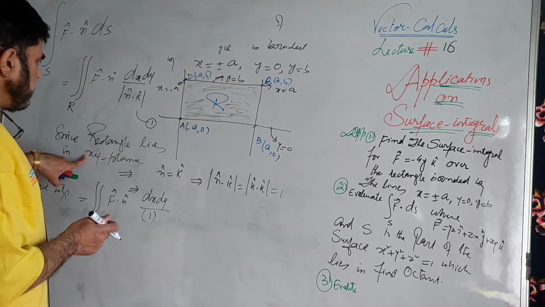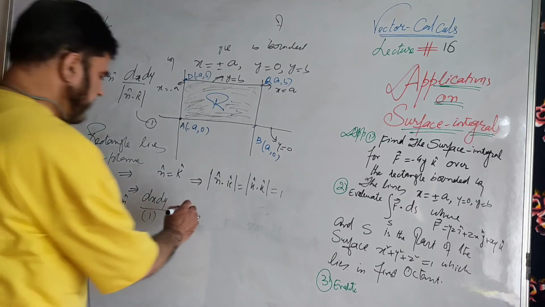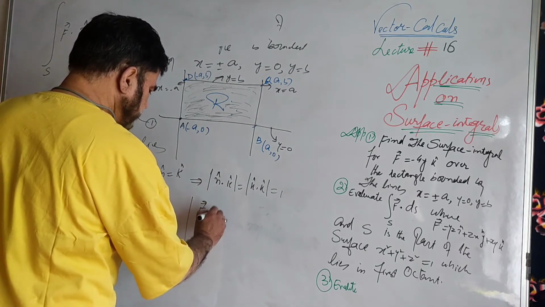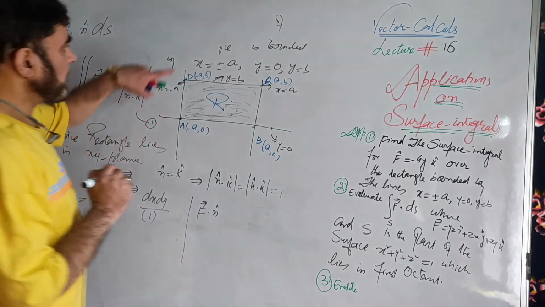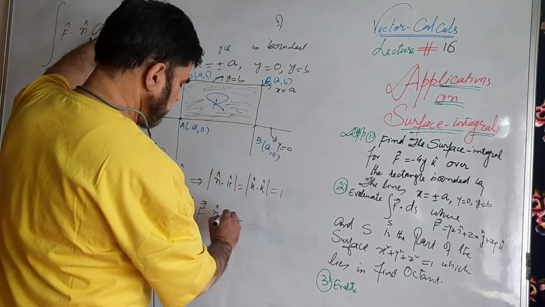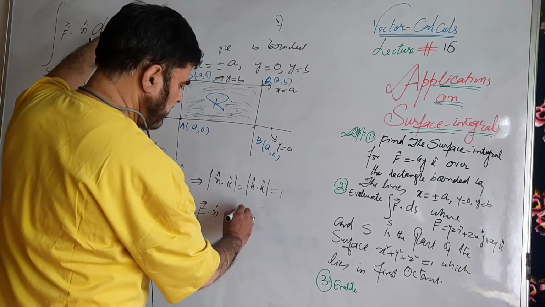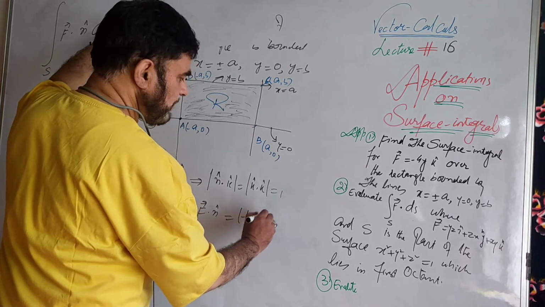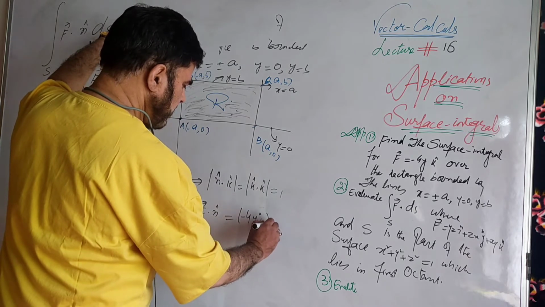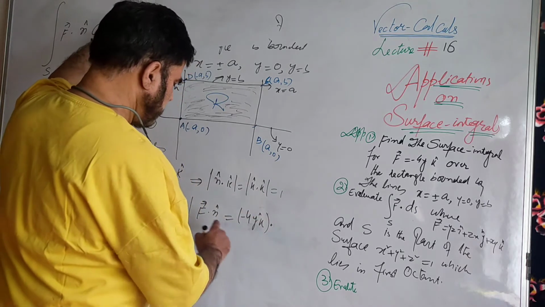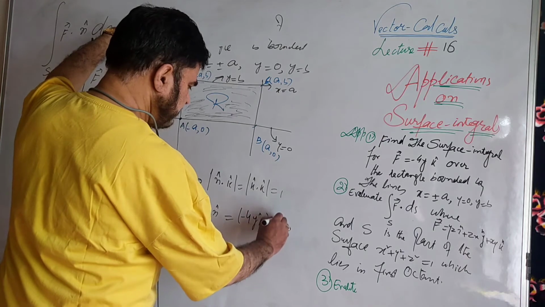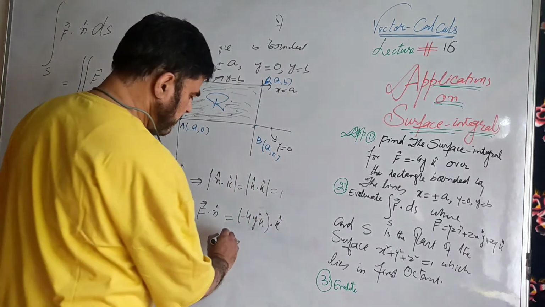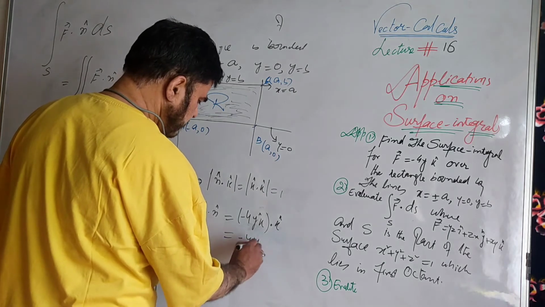After this you have to find what is f dot n, the unit vector n. Your f has the term minus 4y k, dotted with n, which is k. So k dot k is 1, and it equals minus 4y.